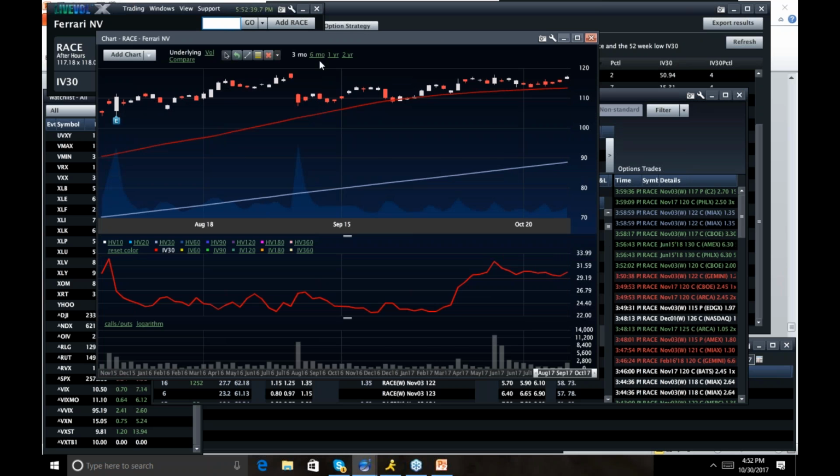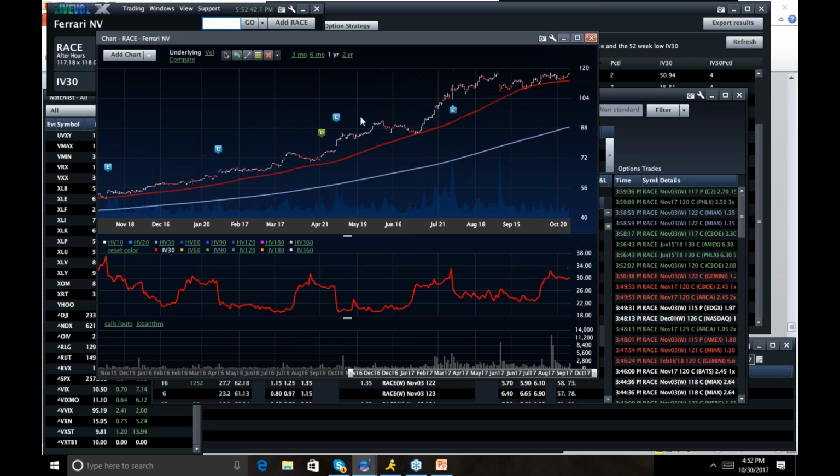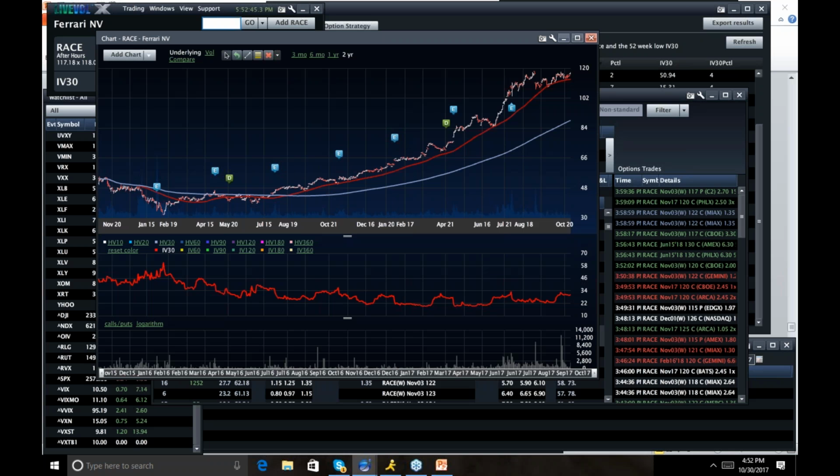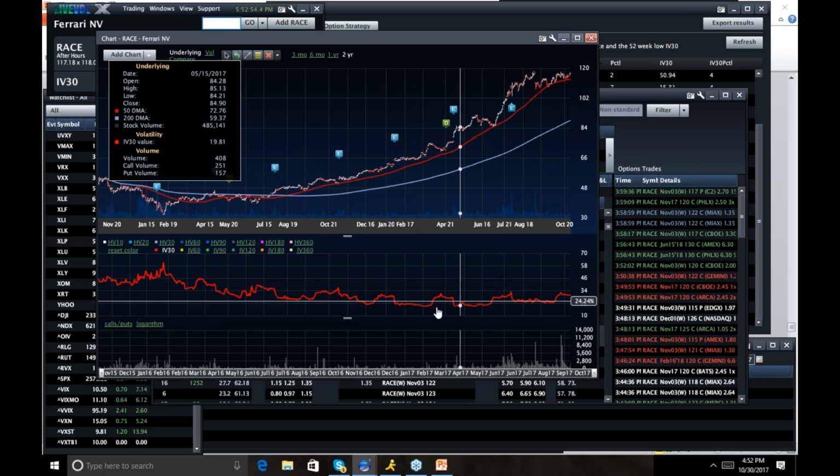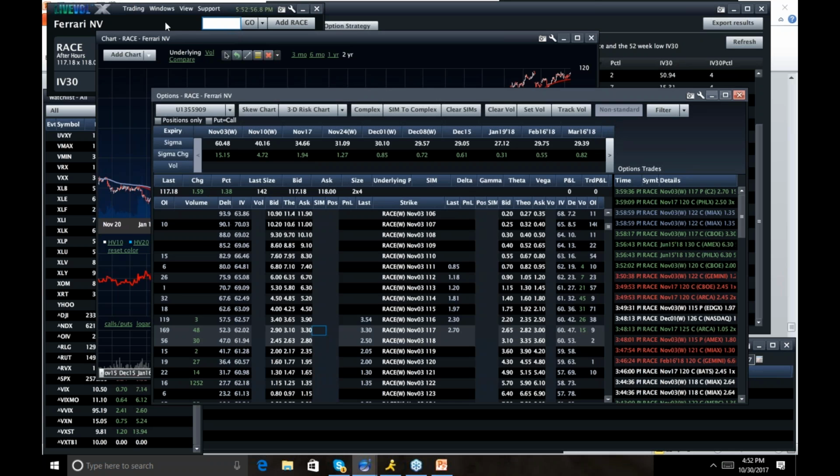And that vol is not cheap. Let's see where it's been historically. It is right about where it is normally trading, and it's not cheap or expensive for the last 4 quarters.